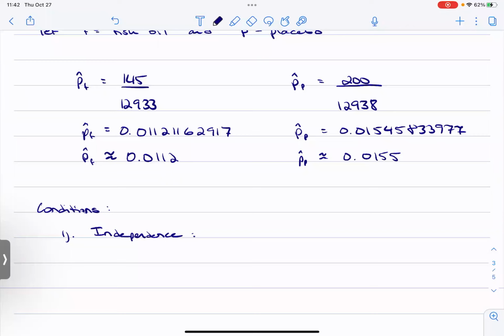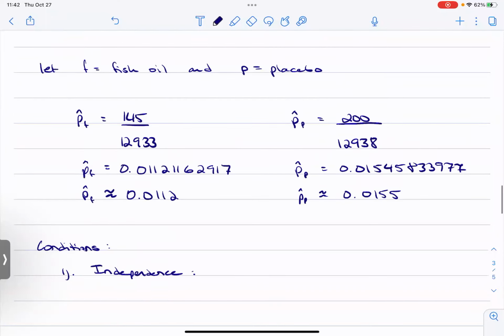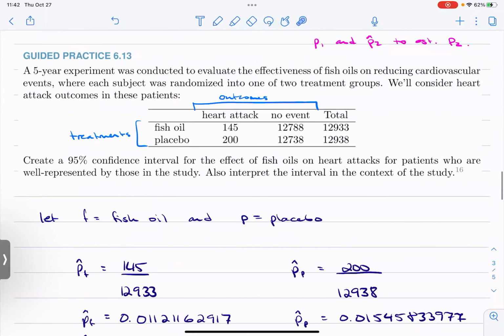The subjects were randomly assigned to a treatment, because it says so here, each subject was randomized into one of two treatment groups, so that's good. And because they were randomly assigned to each of the treatment groups, there's no reason to think that there would be dependence between the groups either.